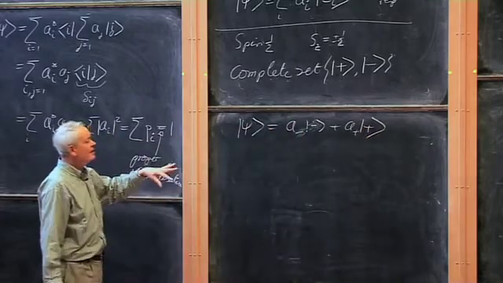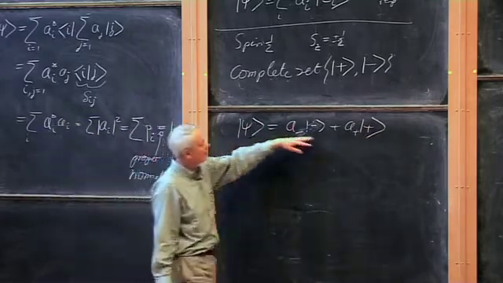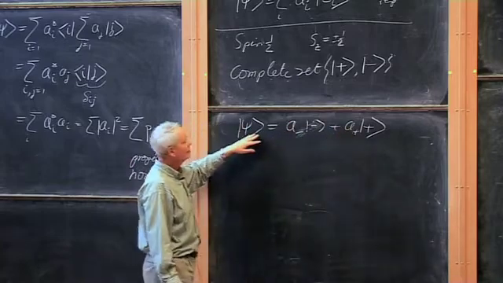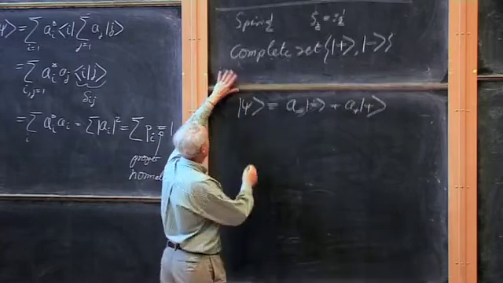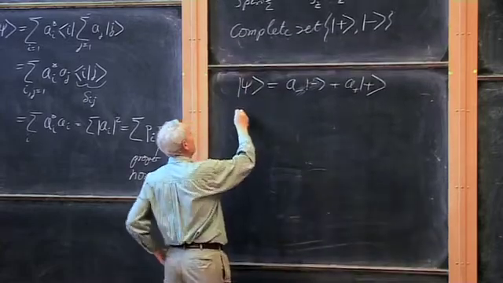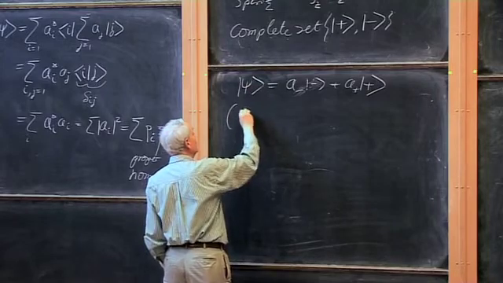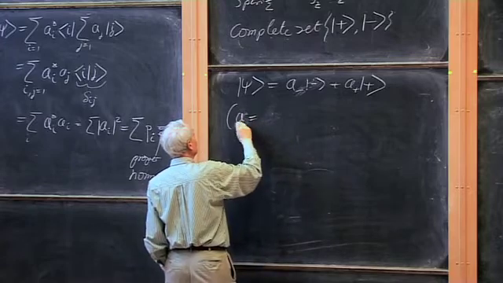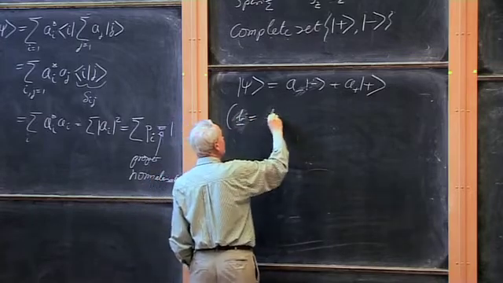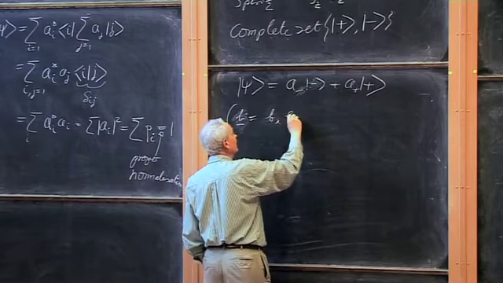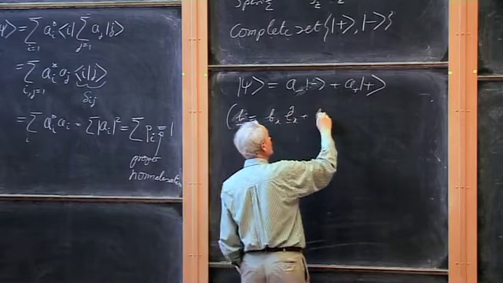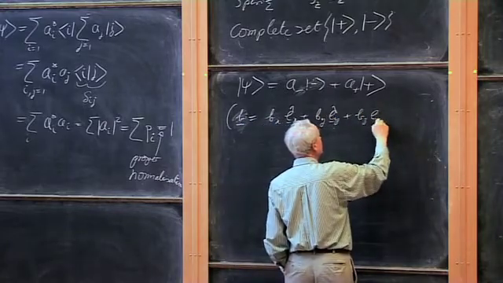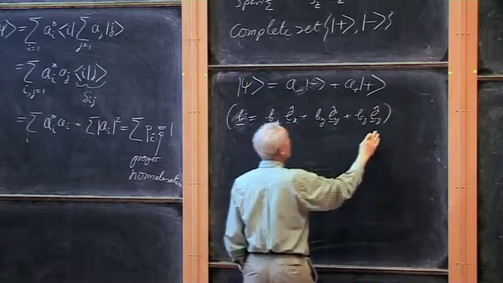Since this is a nice easy case, there are only two components to our ket, A minus and A plus, in just the same way that I might in ordinary vectors write that the vector B is equal to Bx Ex plus By Ey plus Bz Ez.